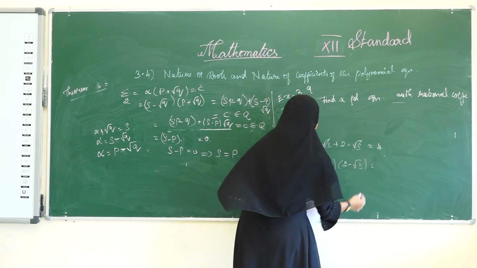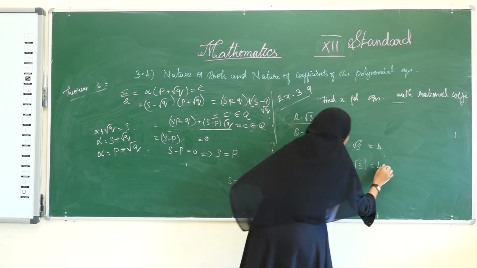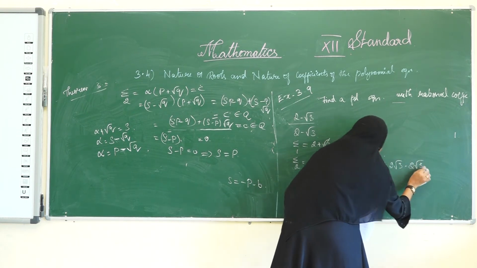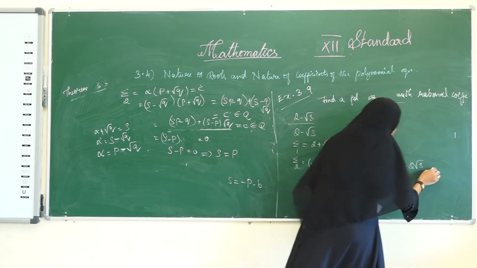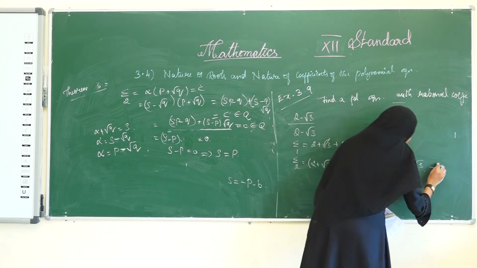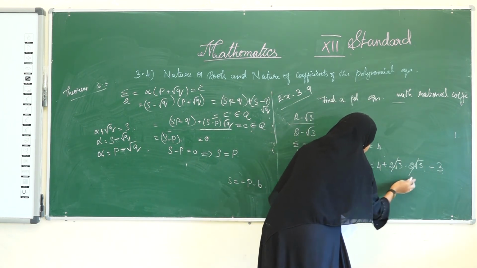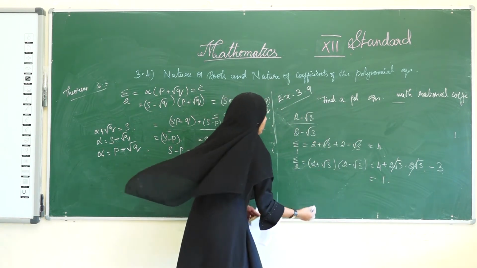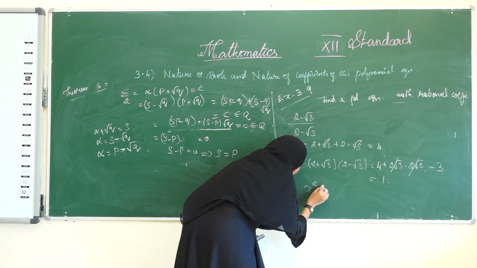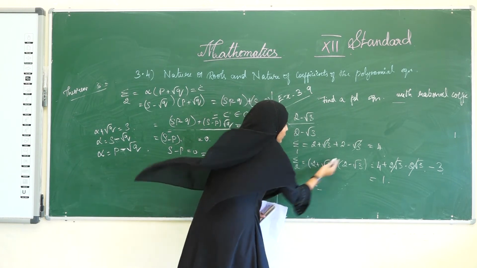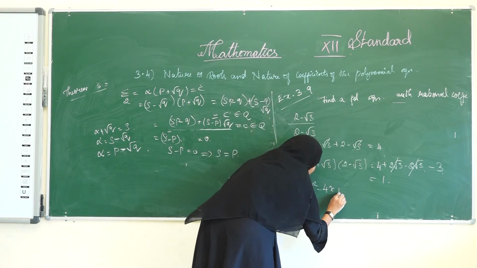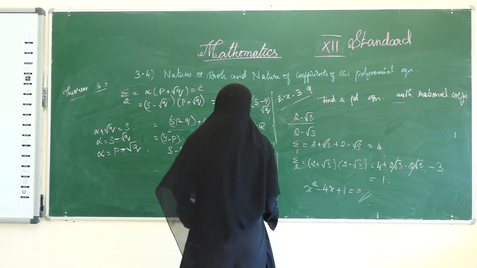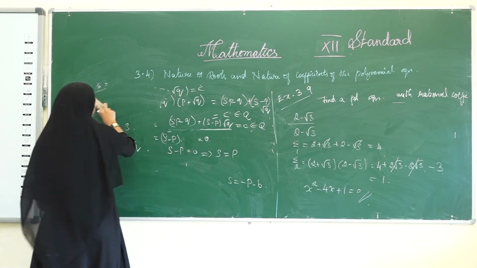We get 2 into 2, 4, plus 2 root 3 and minus 2 root 3, and minus root 3 into root 3 is minus 3. These terms get cancelled, therefore 4 minus 3 is 1. With this we can write the quadratic equation: x squared minus 4x plus 1 equals 0. This is the required polynomial equation.